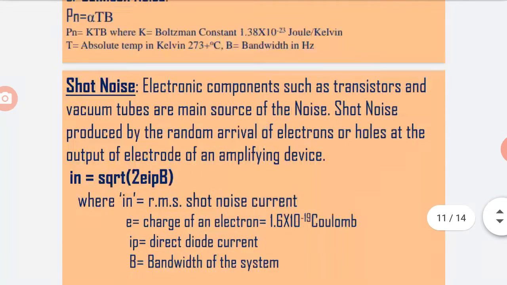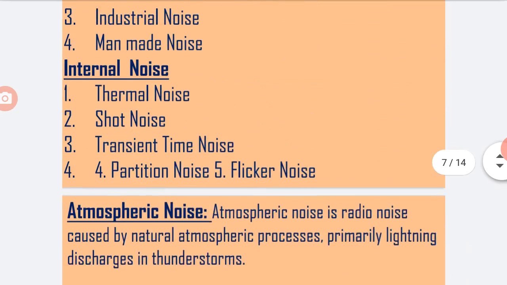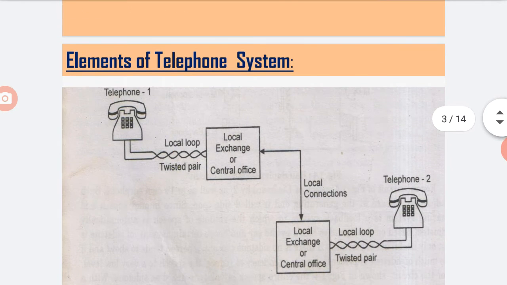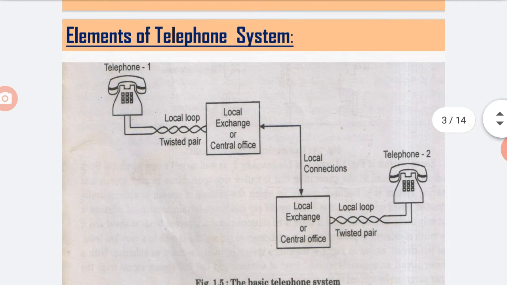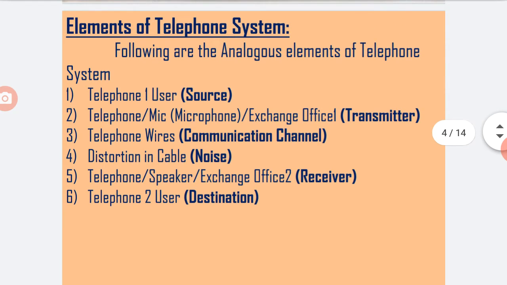So today we studied an example of a basic communication system, the telephone system, which is analogous to the basic communication system.